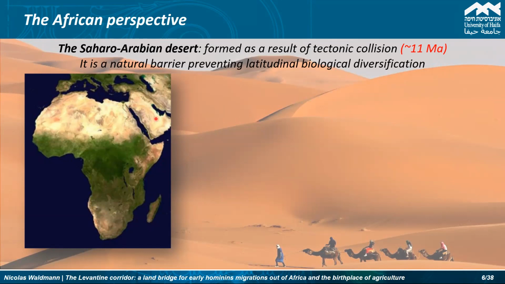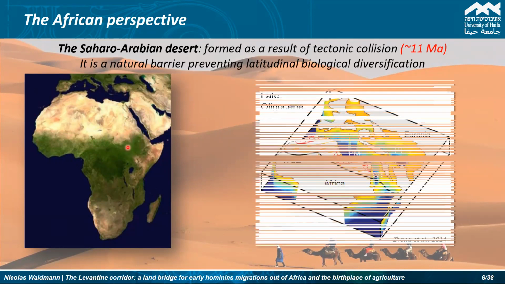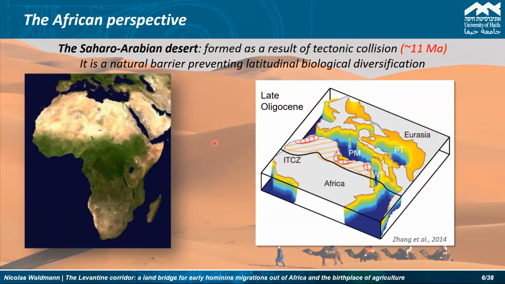It's like a wall: the fauna and flora to the south, dominated by these monsoonal rains, will not eventually cross that natural barrier.